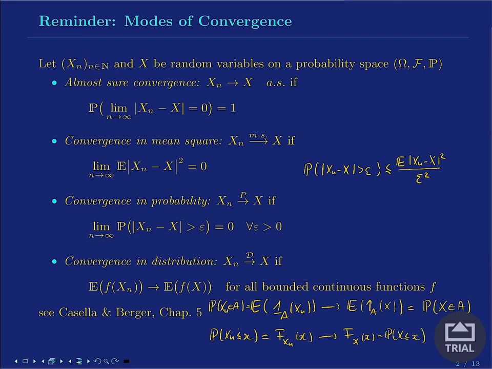And this must hold for all x for which F is continuous at x. So the convergence need not hold at every single point, but only at the points of continuity, which of course is the majority of points. We only can have countably many points of discontinuity, and at those the convergence need not necessarily hold.